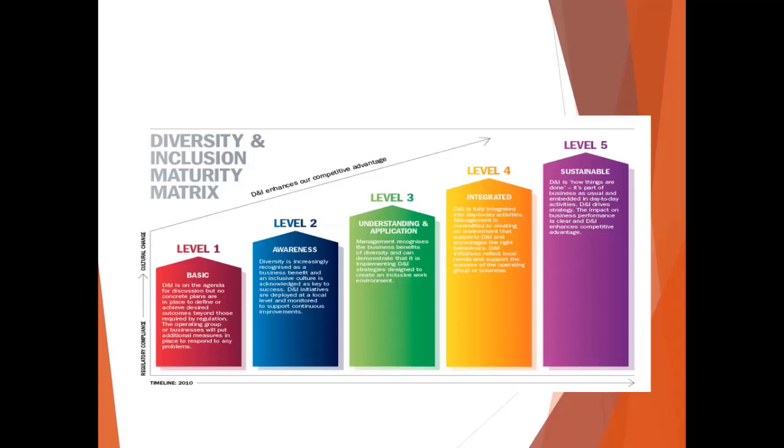Management is committed to creating the environment that supports inclusion and also supports correcting past institutional biases that might be impacting the community, creating oppression in the community, and creating low outcomes within specific target populations. And then it'll become sustainable, how things are done.